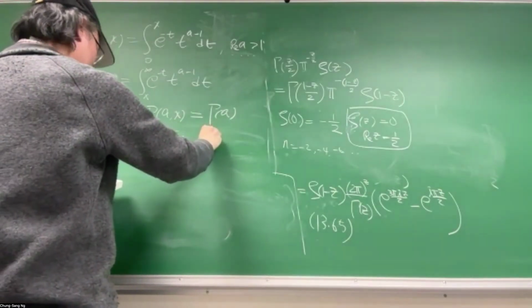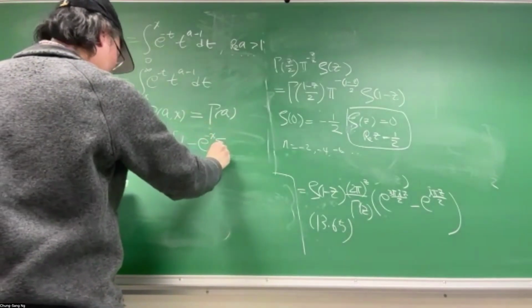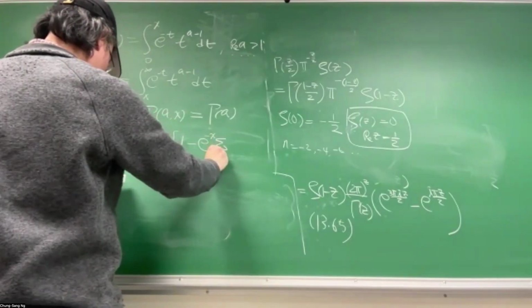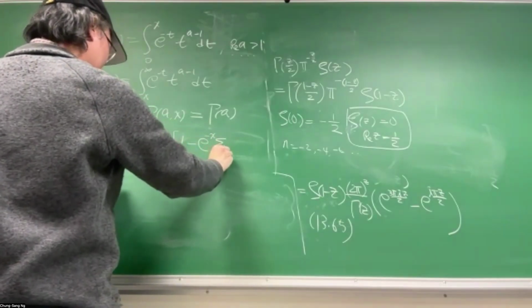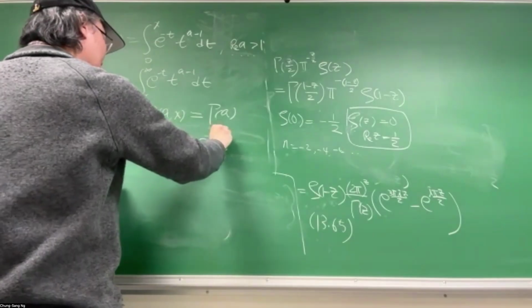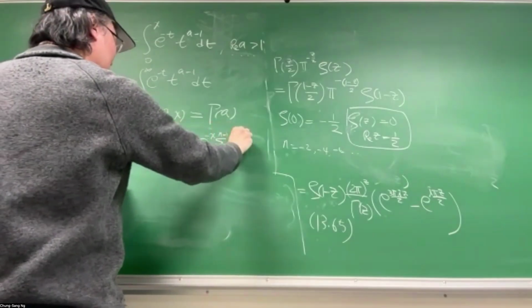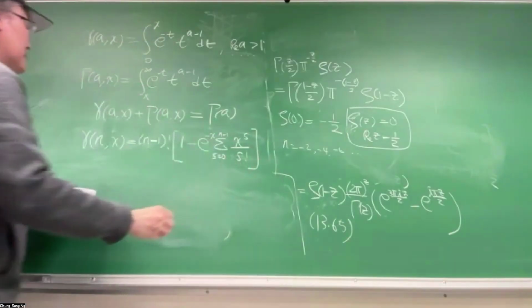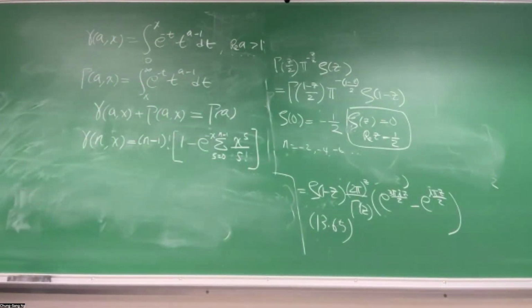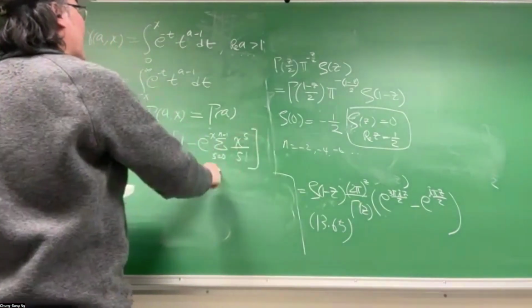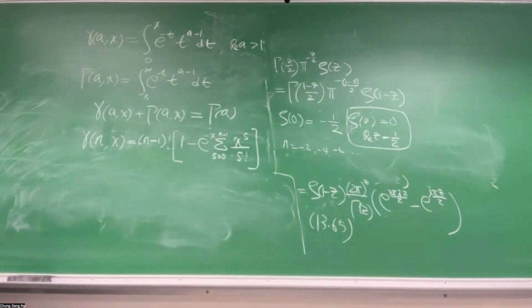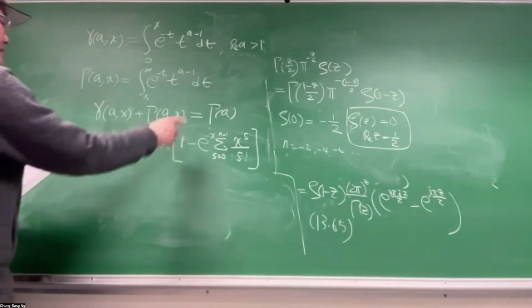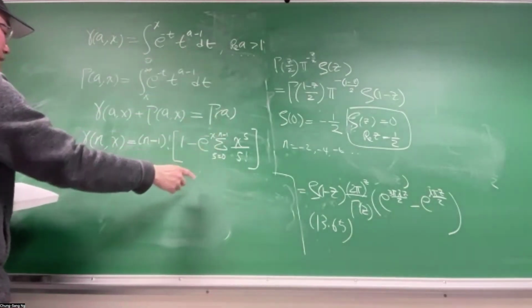minus x, sum over s from 0 to n minus 1, x to the s. Okay, I didn't derive that, but it should be pretty straightforward to derive from this to this.